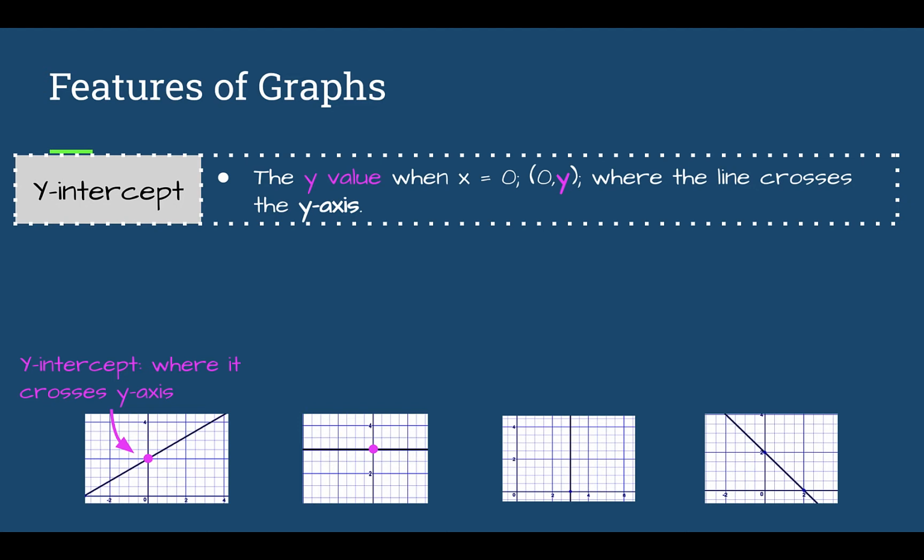So our y-intercept there would be 3. In our third one, our y-axis is over where the arrow is. The line doesn't ever cross that. It does not have a y-intercept. And in our last graph, we have another y-intercept of positive 5. So again, that's just where it crosses the y-axis.